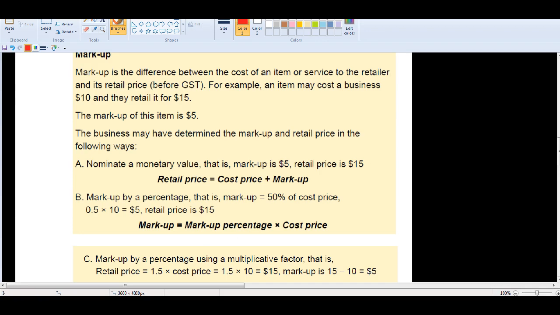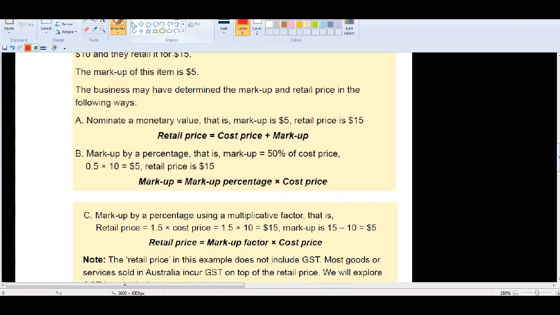Okay, and so the first relation you need to understand is that retail price is the cost price plus the markup. Sometimes we use markup percentage. For example, in the last case, $5 on $10 is 50% of the cost price.